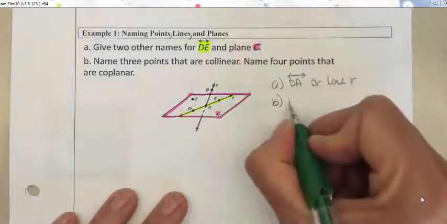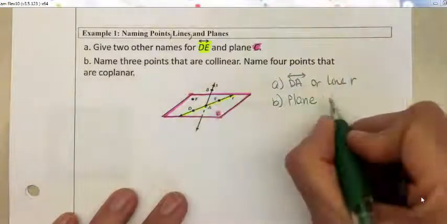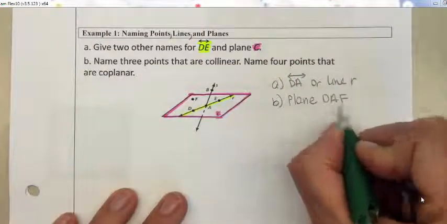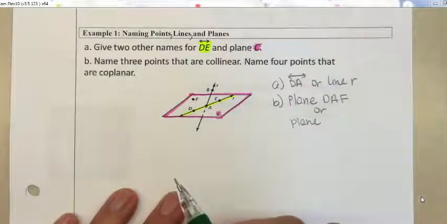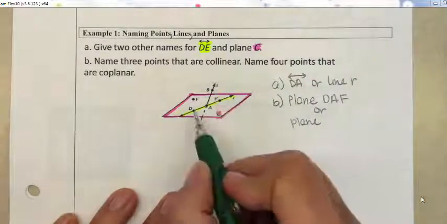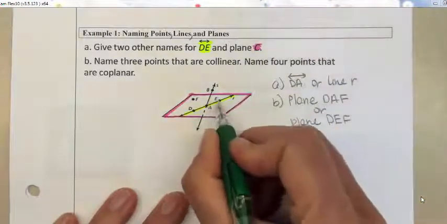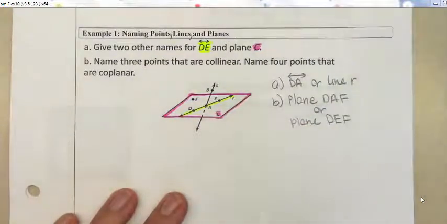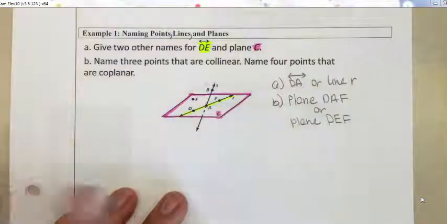But I could call this plane, how about DAF? Or plane, how about DEF? Or AEF, right? Any three points that are in this plane, but just not on the same line. Because if you just name three points on a line, that's just going to give you a line.